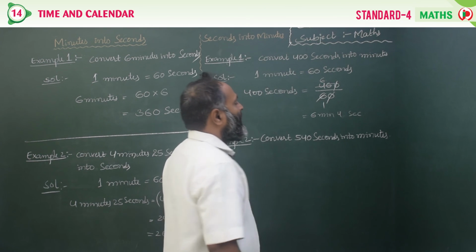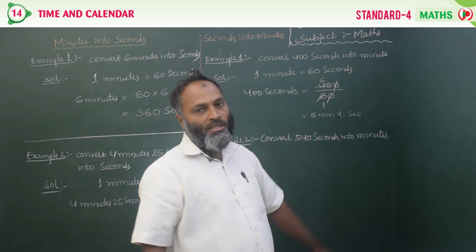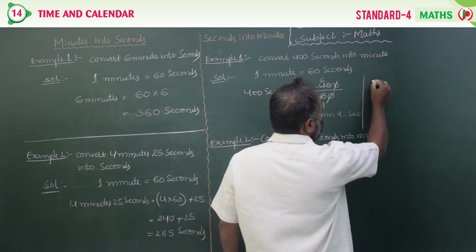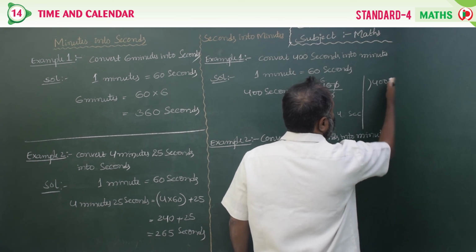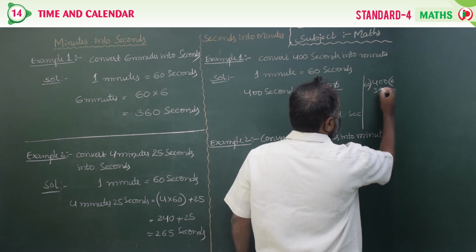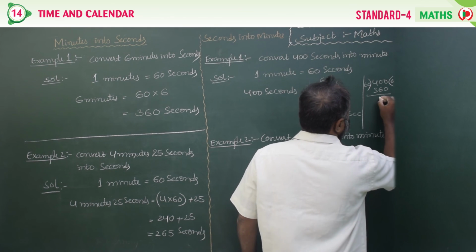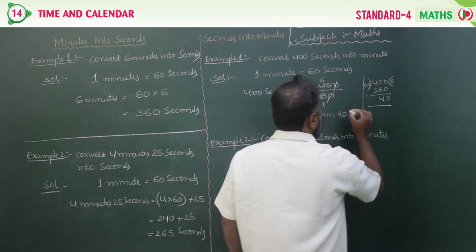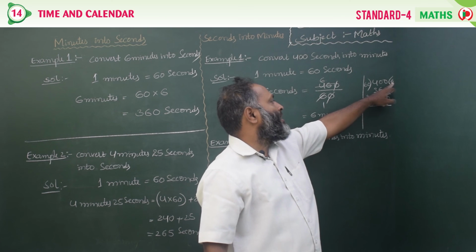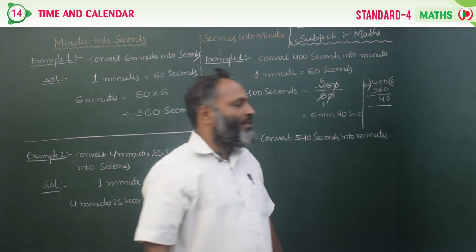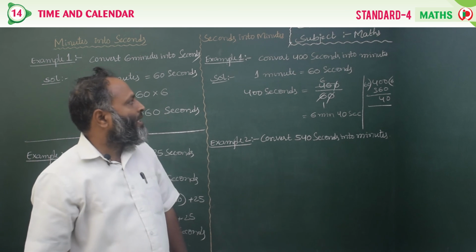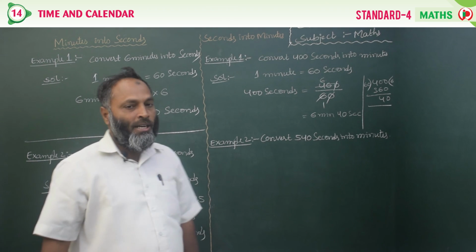If you want to do it in detail, take a rough column, divided by 60. 6 sixes are 360. It is not 4 seconds, it is 40 seconds. Here 40 is the remainder. So 6 minutes 40 seconds makes 400 seconds. Okay.